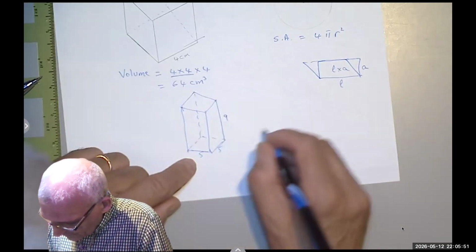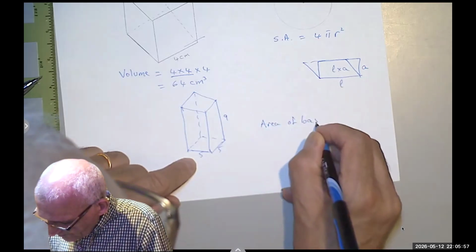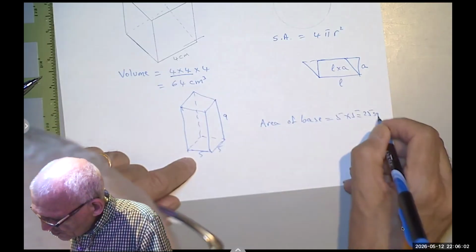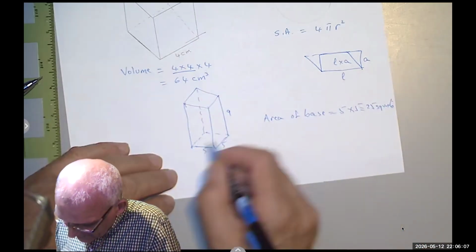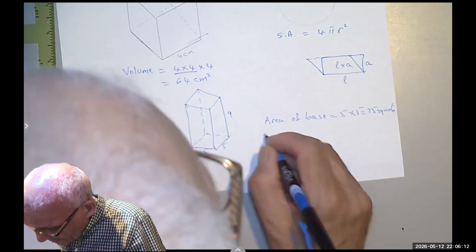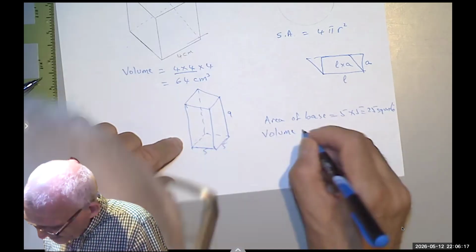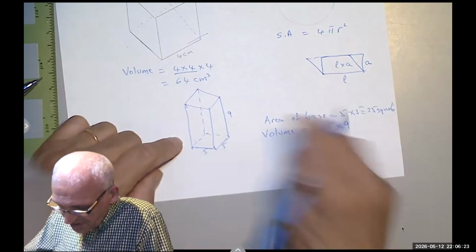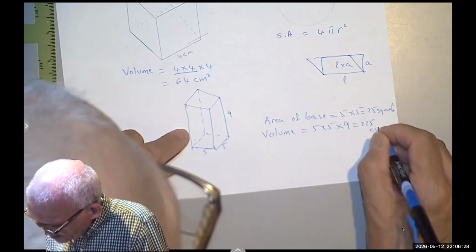You say, first of all, area of the base equals 5 times 5 equals 25 square units. And it's 5 times 5 here, 5 times 5 here. So the volume of that rectangular prism would be 5 times 5, that's the area of the base, times 9, which is the height, and you get 225 cubic units.